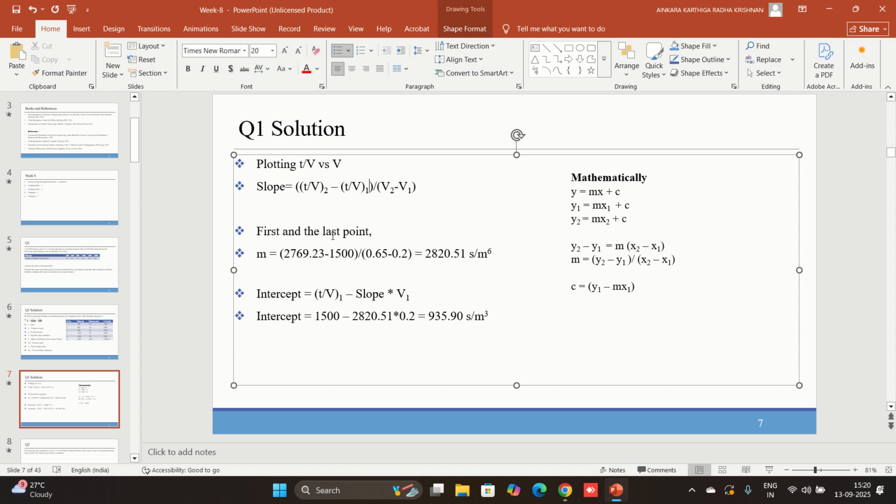Later for the intercept, we take c is equal to y1 minus m x1. So y1 here is t by v1 and minus slope into v1. That is how we get the slope and the intercept for this particular question. So I hope it is clear. Now we will go to question 2.